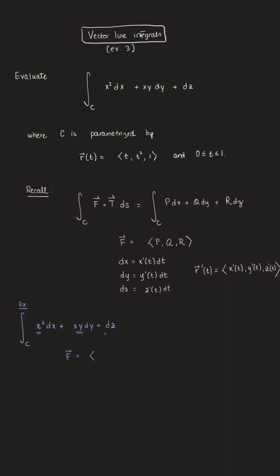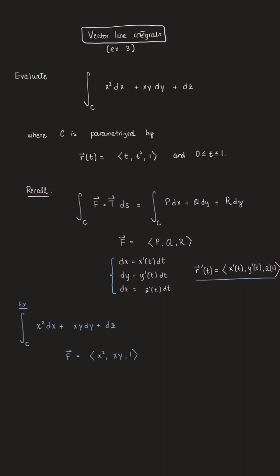So our vector field is x squared, xy, and 1. And the rest that we have there is this r prime of t dt, right? So we have dx, dy, dz, which is just the derivative of our parametrized curve.